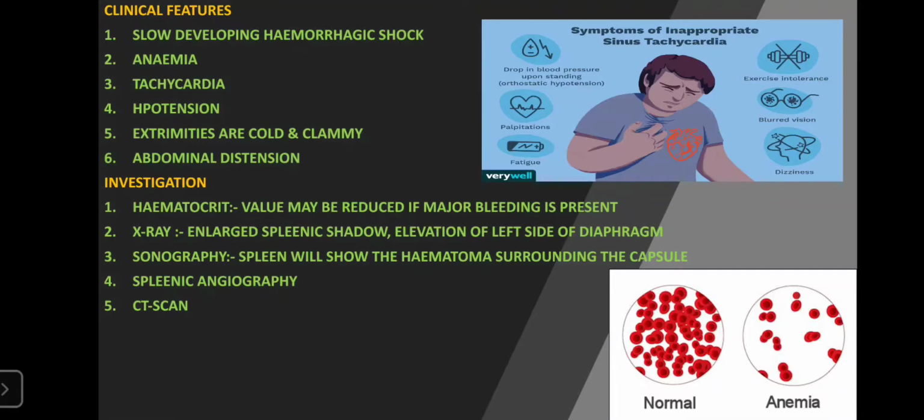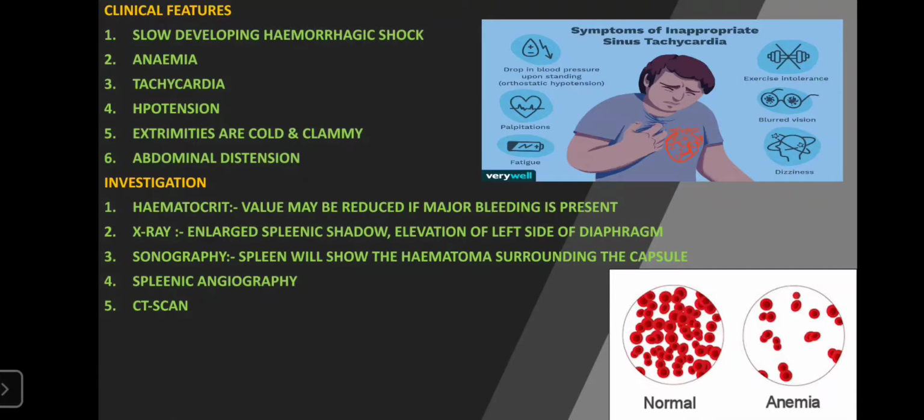So what investigations should be done in the case of rupture of spleen? They are hematocrit, also known as PCV. If the bleeding is major, then the value of hematocrit will be reduced.